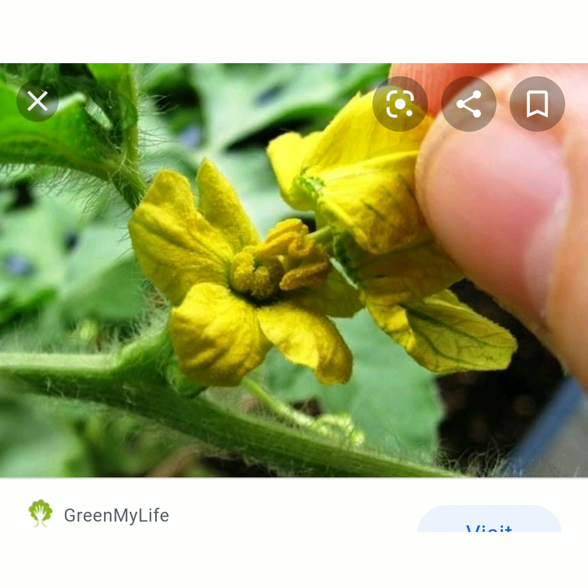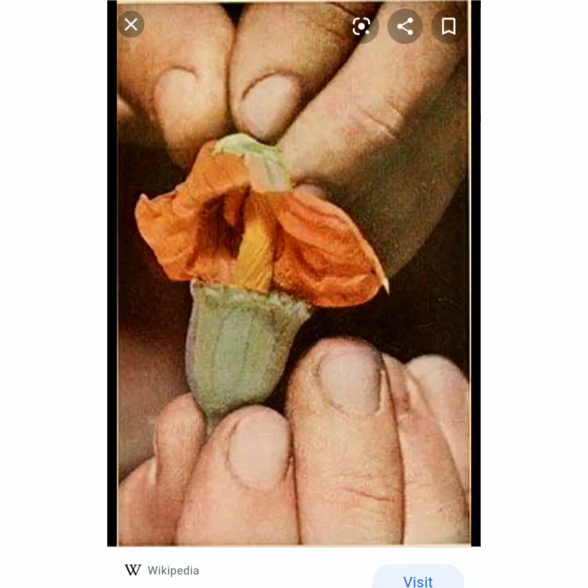This type of pollination is called artificial pollination. In artificial pollination, the pollen grains from high quality plants are collected and dusted on the stigma of the other plants artificially.